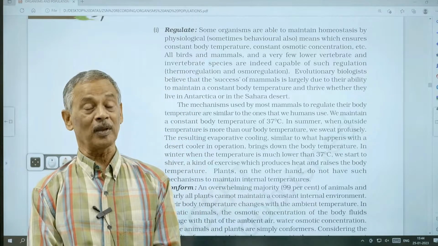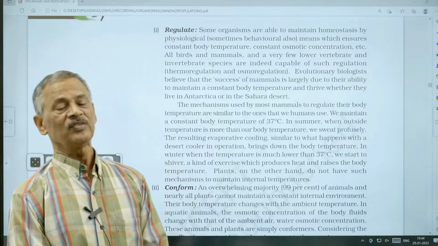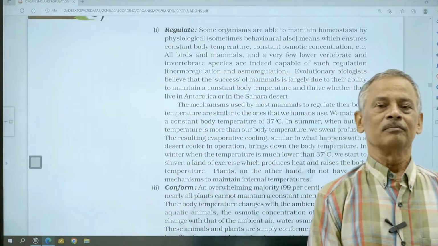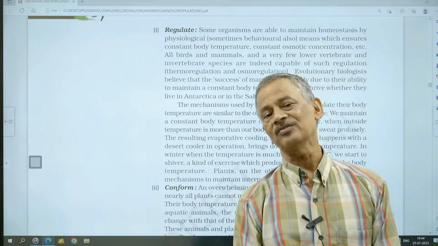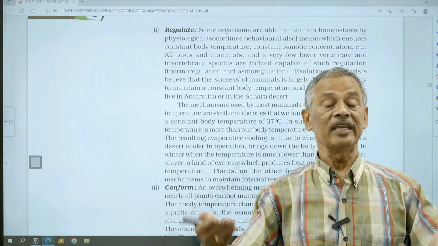But they have to spend a lot of energy. Okay, it is energetically expensive. This is the reason why 99% of animals and all plants cannot maintain a constant, regular internal environment.